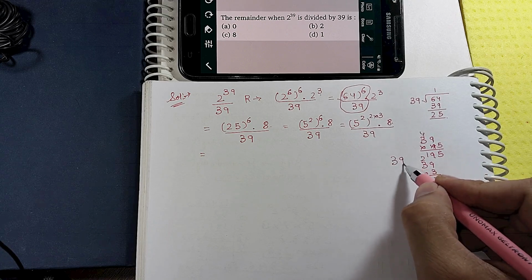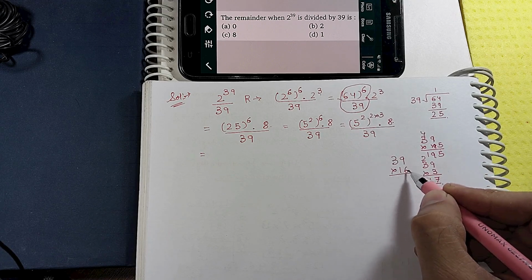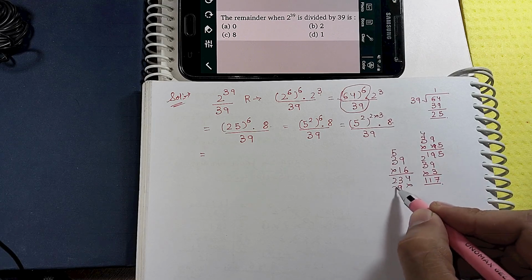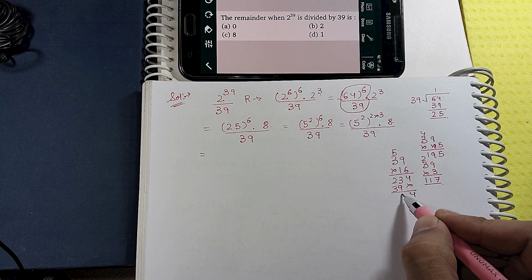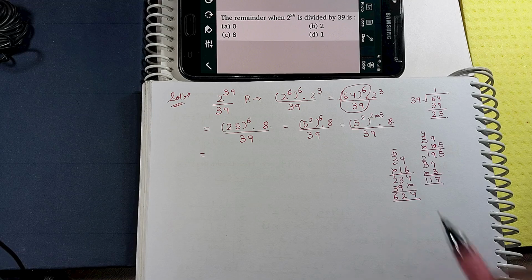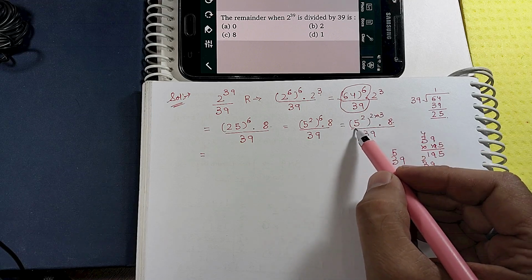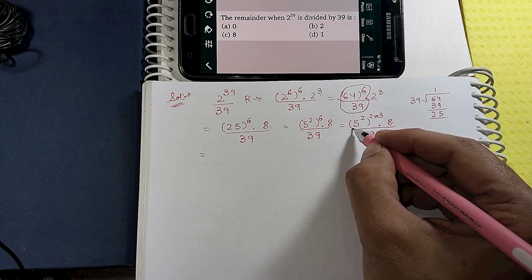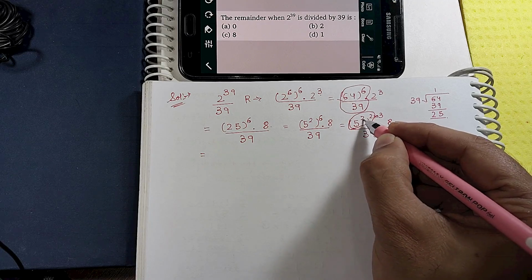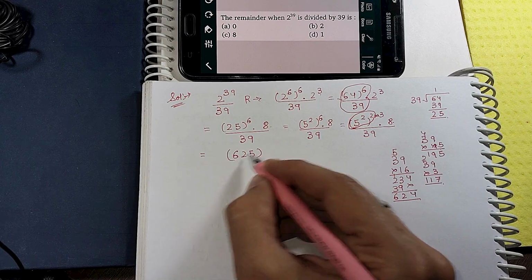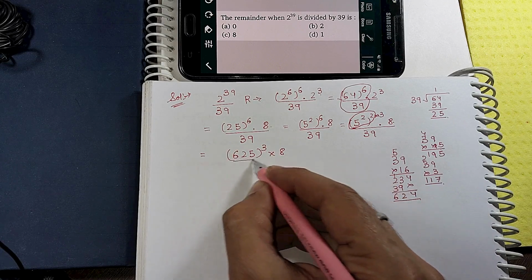But when I multiply 39 by 16, I get 624. Now I know that 5 raised to power 4, or 25 square, is 625, right? So I will write in the form 5 square whole square. So this is 25, and 25 square is 625. So I can write 625 whole cube into 8 divided by 39.